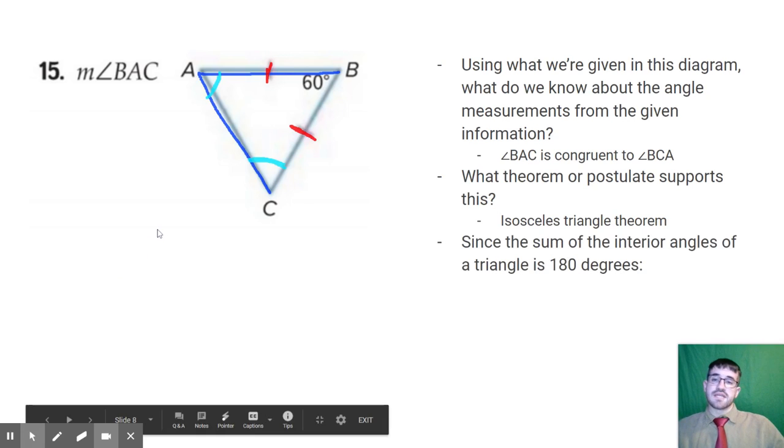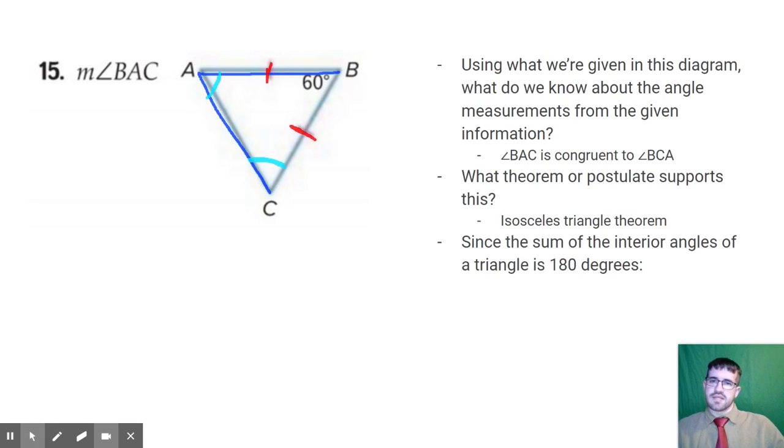So since the sum of the interior angles of a triangle is 180 degrees, we can do some substitution. We know that angle B plus angle A plus angle C, the measures of these angles, should give us 180 degrees. So we do the measure of BAC plus the measure of ACB plus the measure of CBA gives us 180. When we substitute in CBA, we get the measure of BAC plus the measure of ACB plus 60 equals 180.